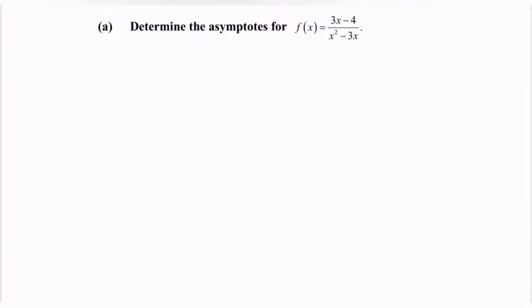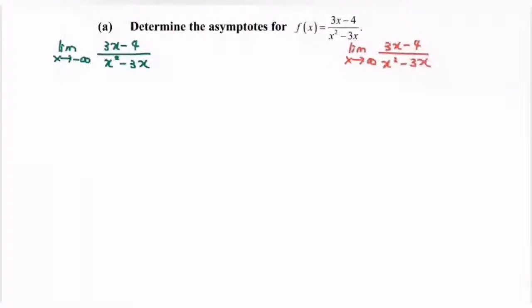Next, second part, we're going to determine the horizontal asymptote. So in here, limit when x approaching negative infinity for the function 3x minus 4 over x squared minus 3x. Another part where we have limit when x approaching positive infinity for the function 3x minus 4 over x squared minus 3x. So that is the step for us to determine the horizontal asymptote.